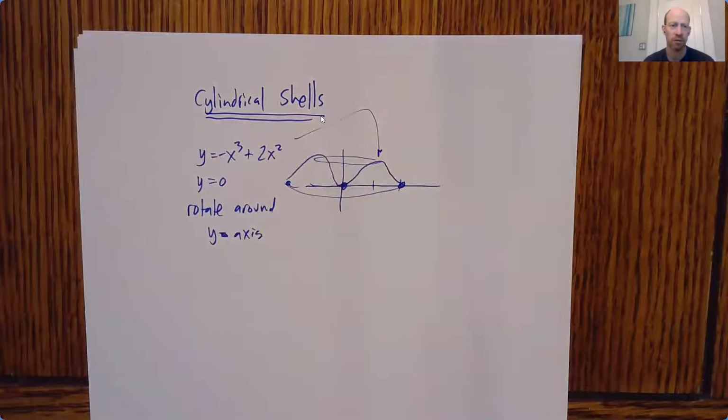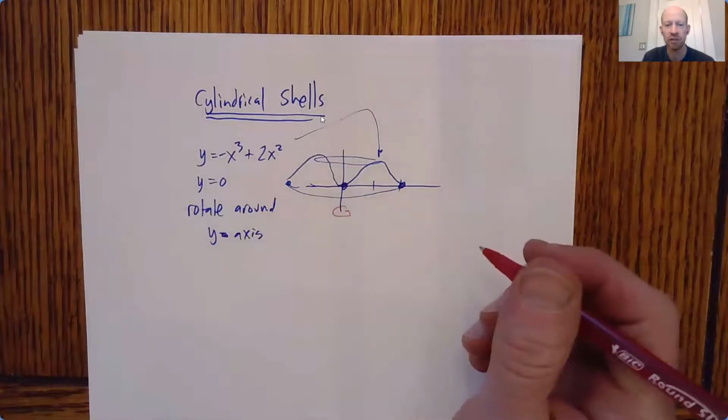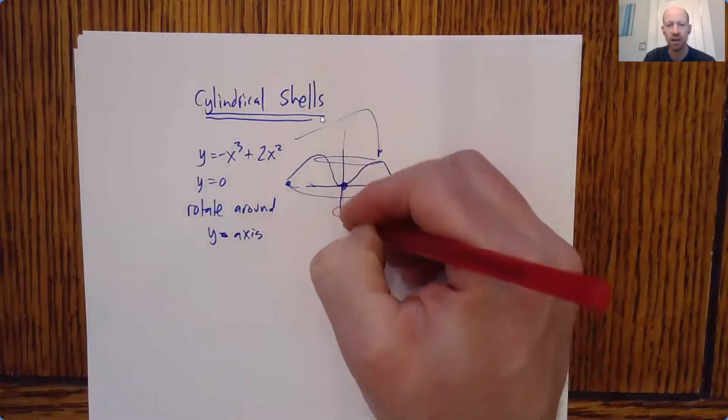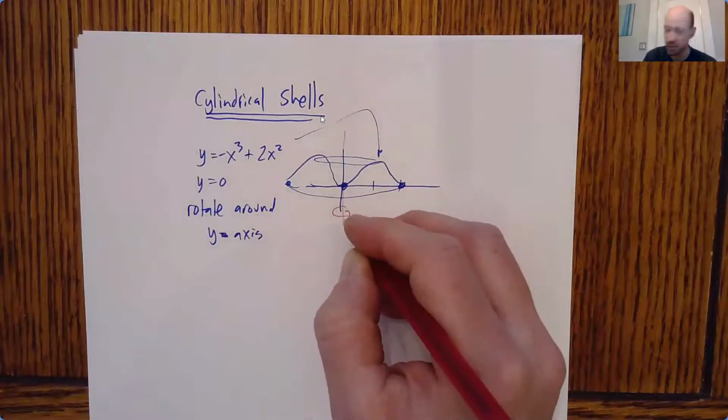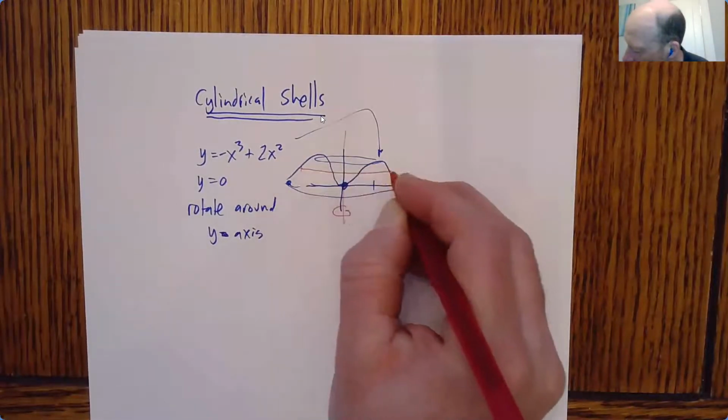Now, there's a little bit of a problem here. If we tried to do it the way we did the previous ones, there's our axis of rotation, right here. So to get a disc or a washer, in this case, I would have to slice it horizontally.